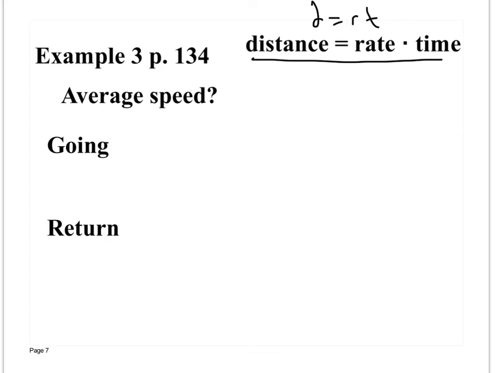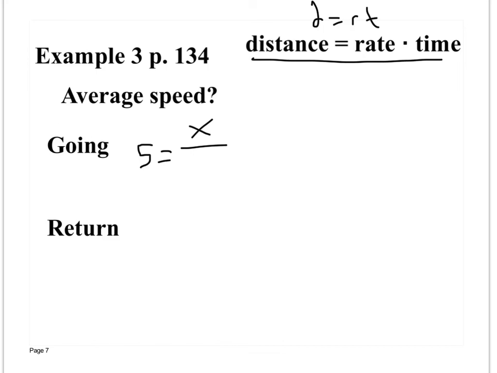For going, I know my distance, 5 miles. I don't know my rate, that's what I have to find, but I know my time, which was 40 minutes, which I would want to change to hours because we're talking about miles per hour.